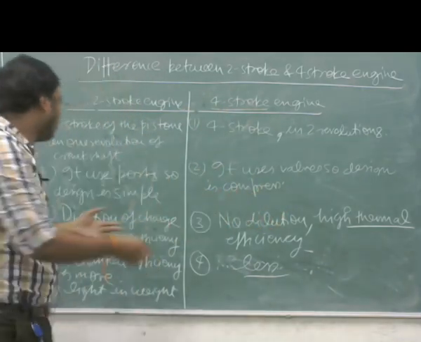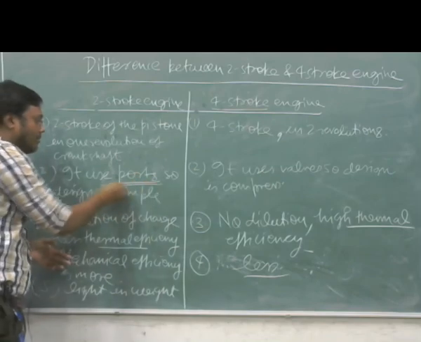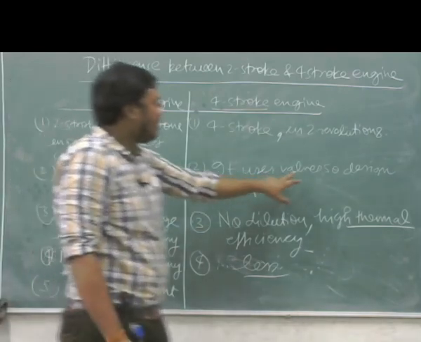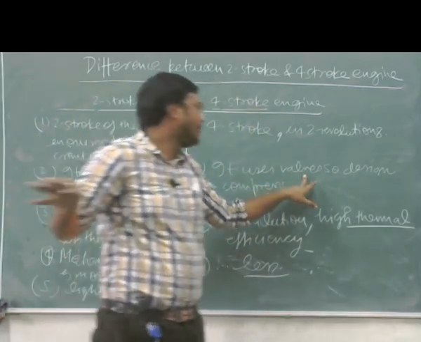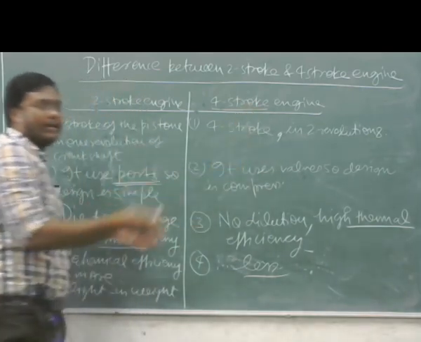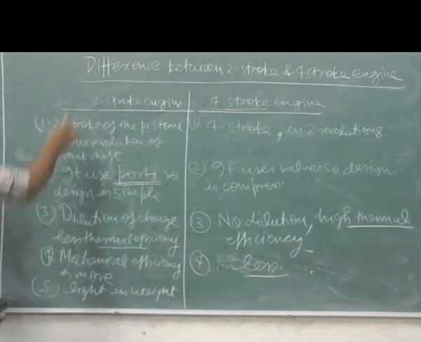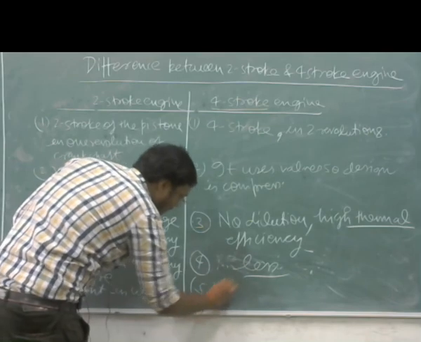As I said, we need not make any separate arrangement for operating these ports, but for valves we have to make separate arrangements like cam and follower. That's why four-stroke engines have more components, so these engines are bulky and heavy. So two-stroke engines are light in weight, but four-stroke engines are heavy.